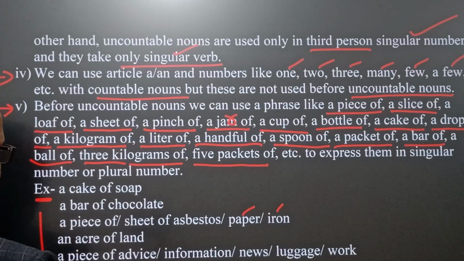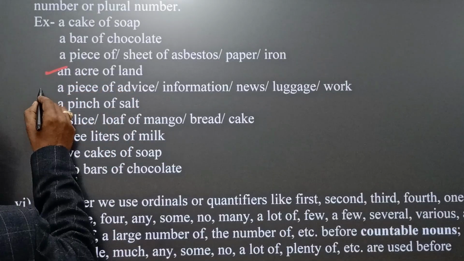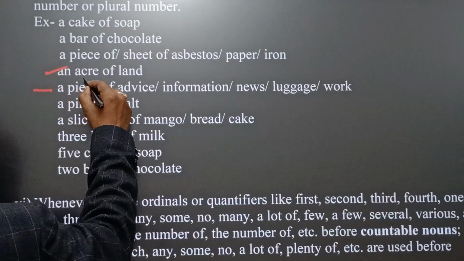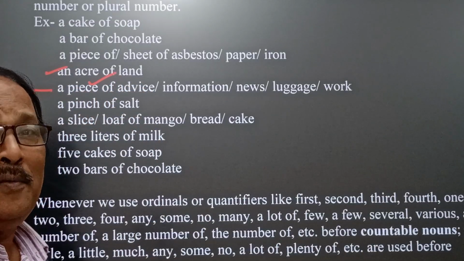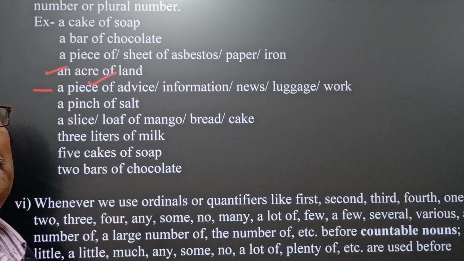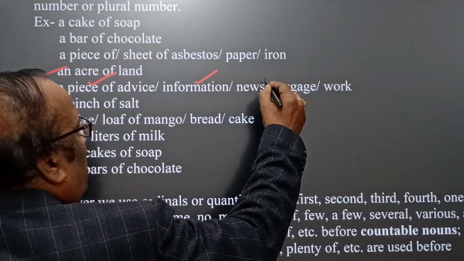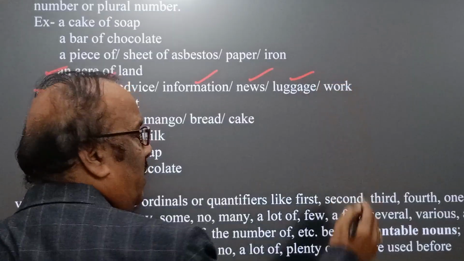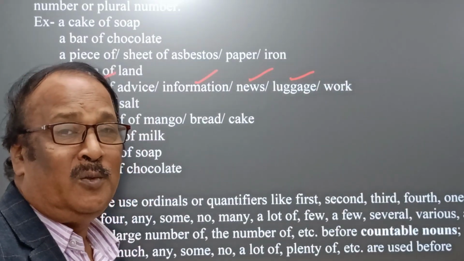Now, in a countable sense: an acre of land, a piece of advice, not an advice. Not 'Give me an advice, please'; rather, 'Give me a piece of advice.' Information, news, luggage: it is a piece of good news.